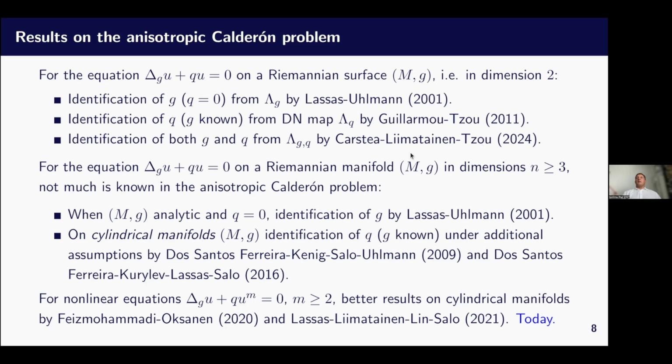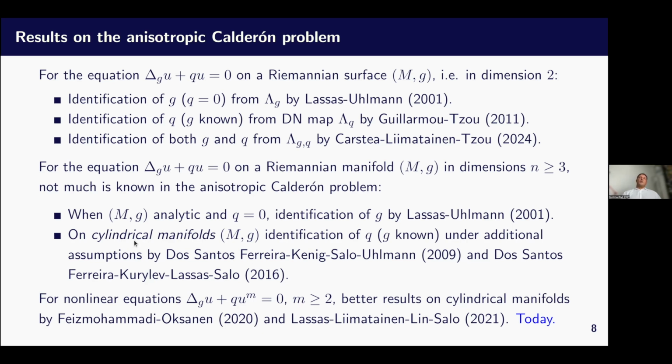How about dimensions n at least 3, so dimensions 3 and higher? In that case, not much is known. The fundamental result is that when the Riemannian manifold is analytic and the potential q is identically 0, identification of the Riemannian metric g was done by Lassas and Uhlmann in 2001. But note that now the assumption is that the metric is analytic, meaning that the Taylor series converge.